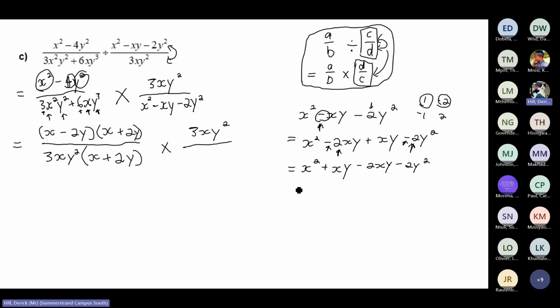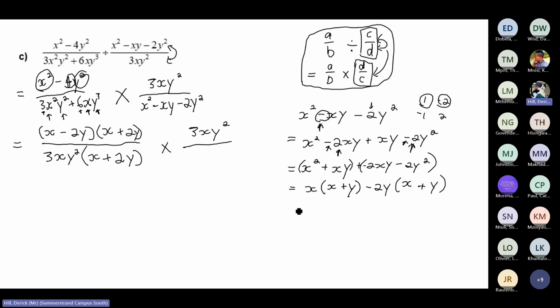Now I can do some grouping, and I'm going to consider this. Right, so for my first group, I can pull out an x, and I'm left with an x plus y. For my second group, I can pull out a minus 2y, and I'm left with an x plus y.